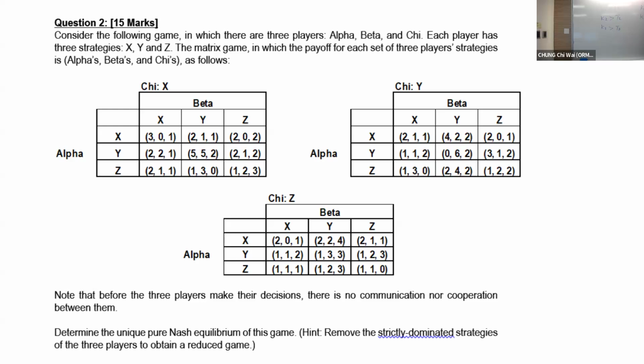If beta chooses X, pi chooses Y, what is the best result of alpha? Totally, combine the three things.